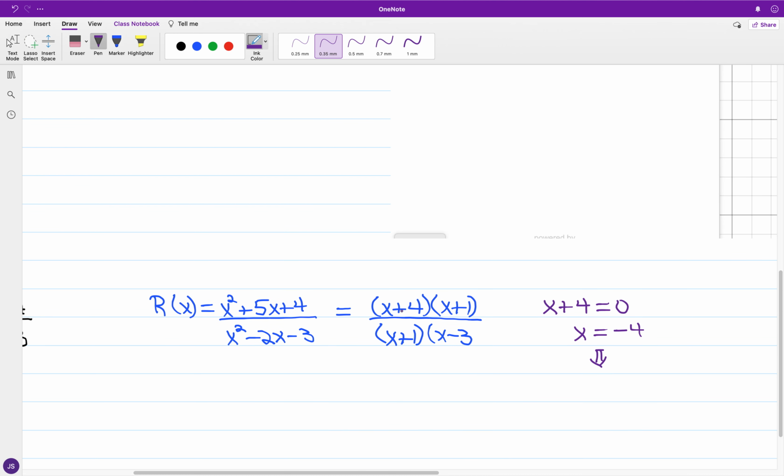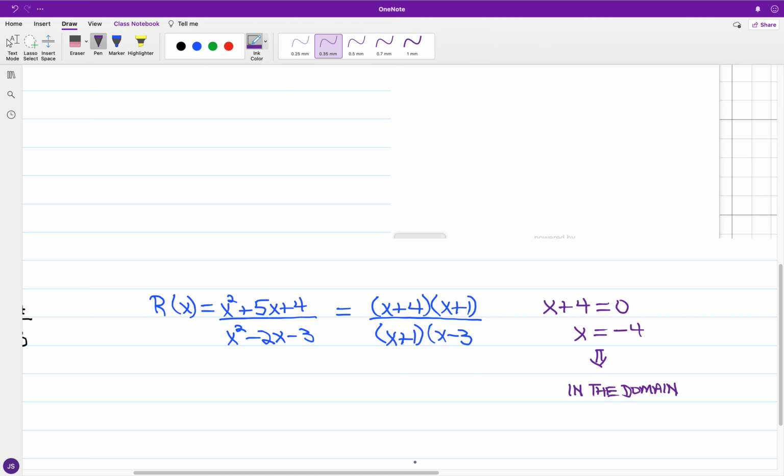You can have a zero-valued numerator as long as you do not also end up with a zero-valued denominator. So x equals negative 4 is in the domain, because the factor is only in the top part of the fraction.